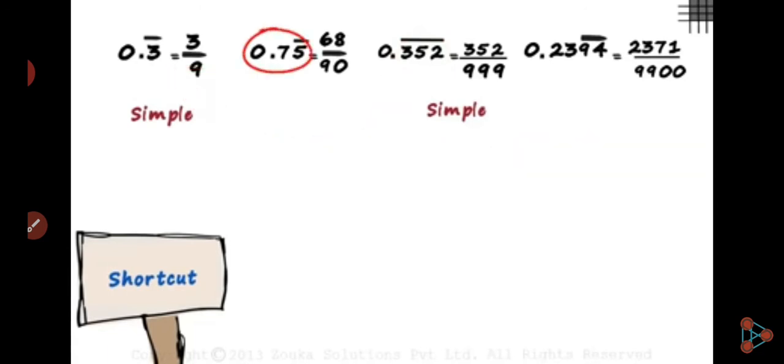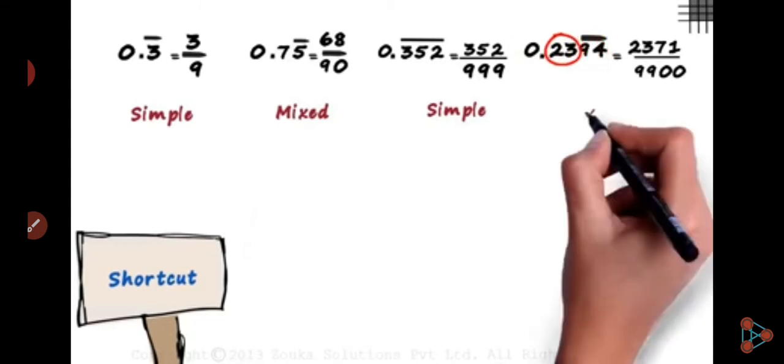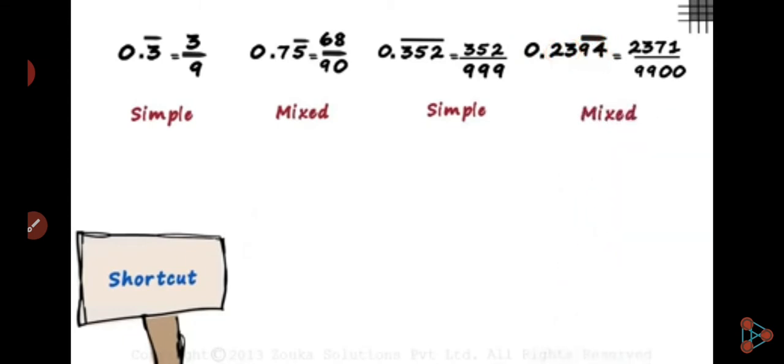Understand? And these are mixed decimals because 5 is repeating but 7 is not repeating. So it's called a mixed decimal, and it's also called a mixed recurring decimal. Understand? Because 94 is repeating and 23 is not repeating. Okay, so first see the simple decimal.